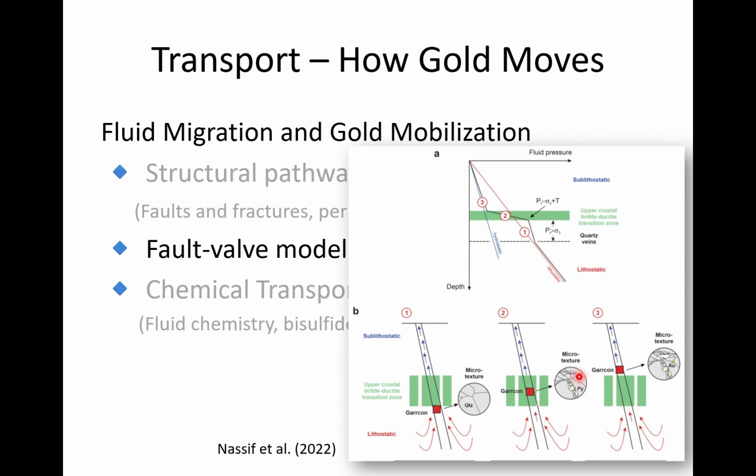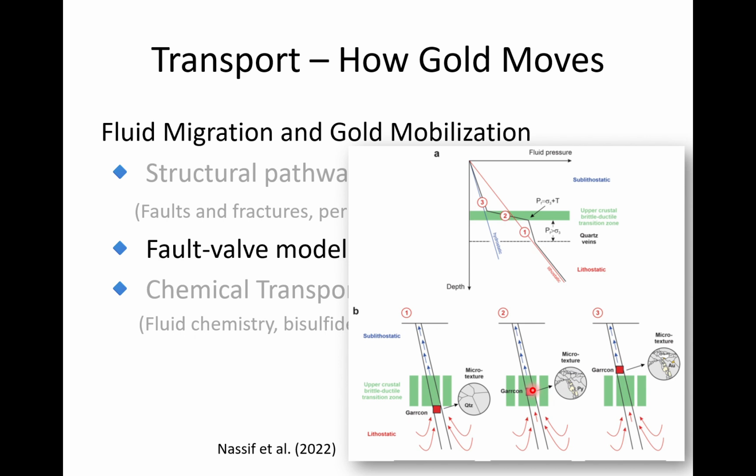Okay, let's move into stage 2, which happens at the BDT, the transition zone. It's pressure cycling. So in stage 1, we have a lithostatic regime, stage 2 is pressure cycling, and stage 3 is a hydrostatic regime.